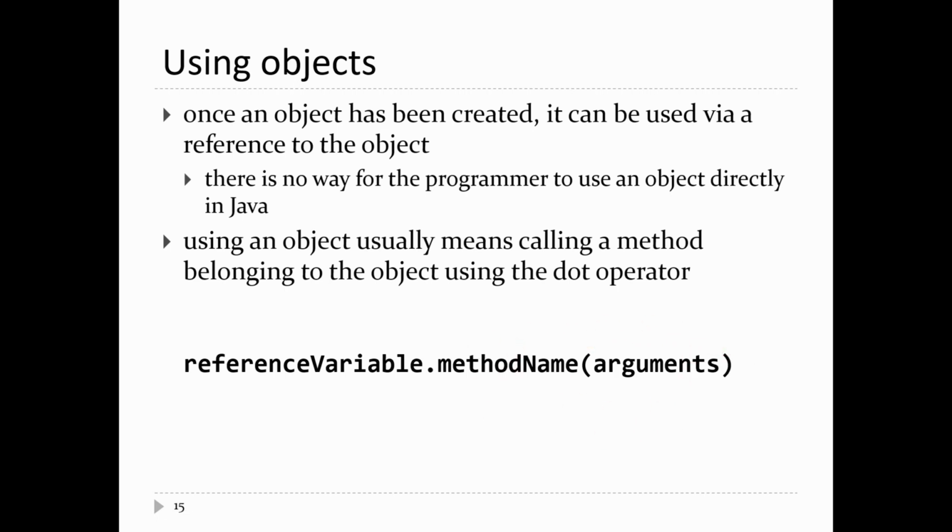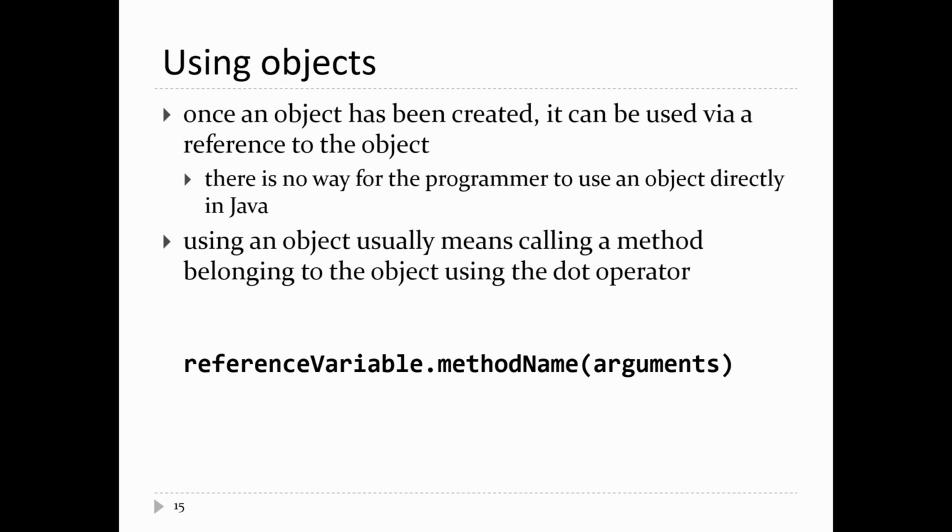The method name and arguments, that's like calling a Python function, right? Function name, whatever set of arguments are needed by the function. The difference here is that you need to put in the reference to the object in front and then use the dot. So when you write something like that, you're asking that object to perform that operation with these inputs.